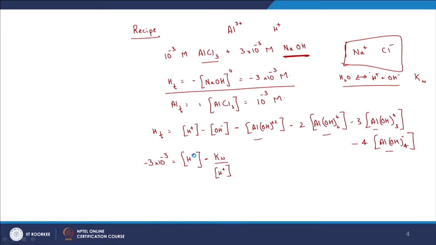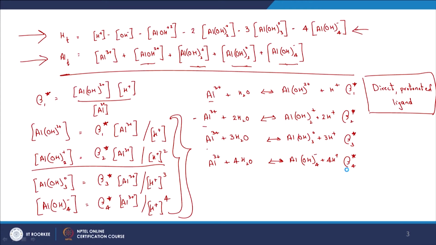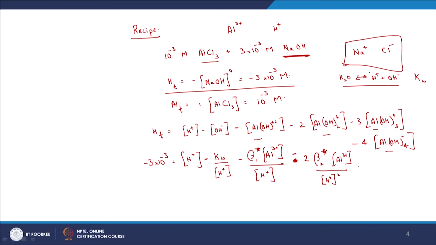And I'm going to plug that in here: minus beta 1 star into Al3+ concentration divided by H+, minus 2 times beta 2 star into Al3+ by H+ square, and minus 3 times beta 3 star into Al3+ by H+ cube, minus 4 times beta 4 star into Al3+ by H+ to the power of 4, right.